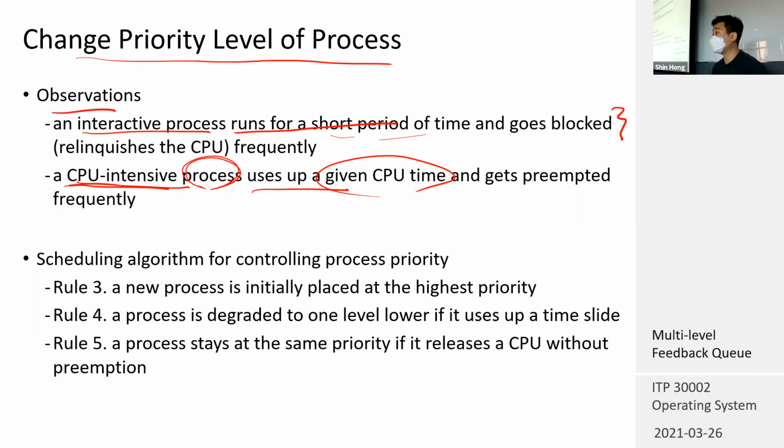Then the system can recognize that this one is really interactive. Whereas some processes always get preempted by the scheduler, because they are more like CPU-intensive processes. They try to maximize CPU utilization as much as they can, so they hit the time slice expiration.